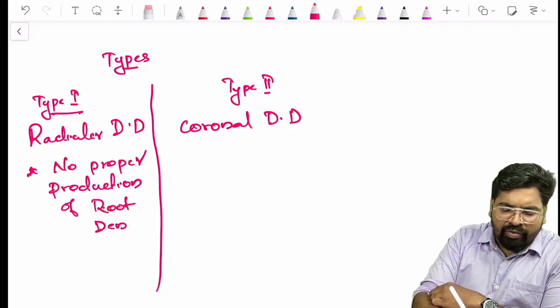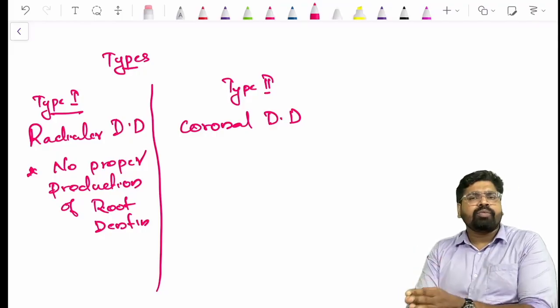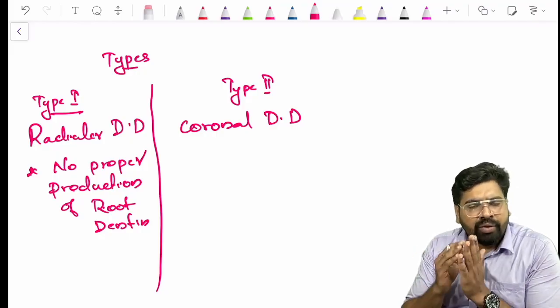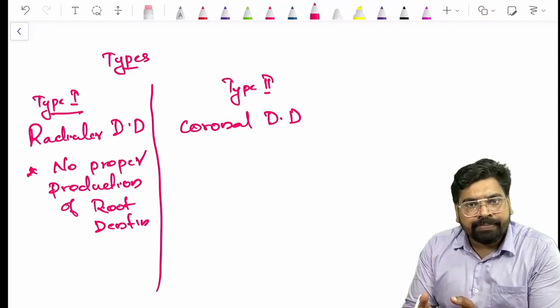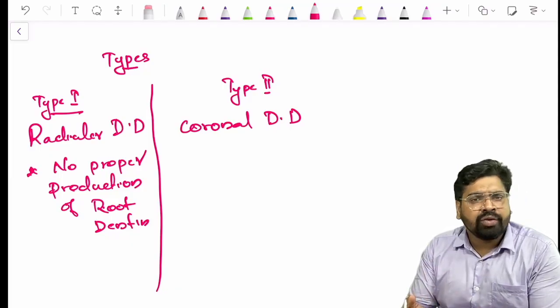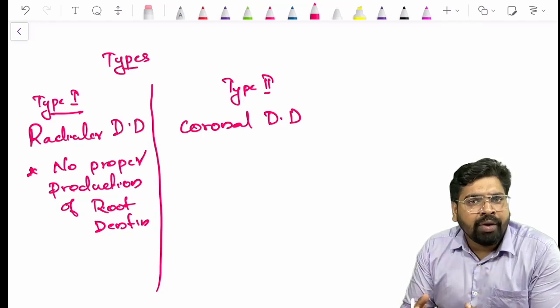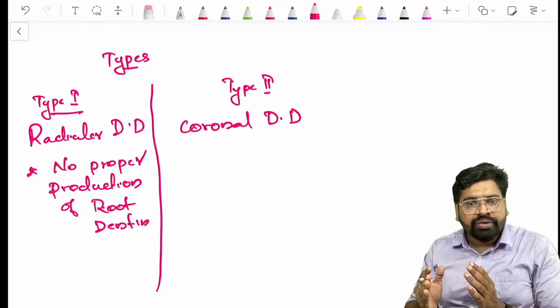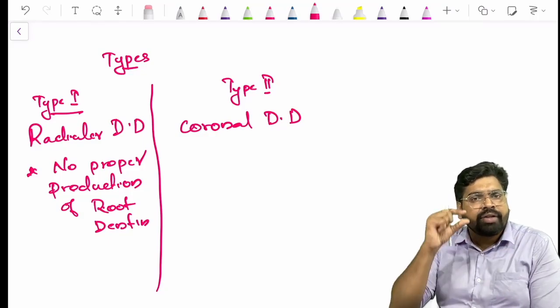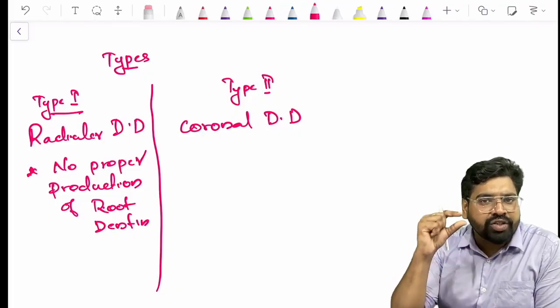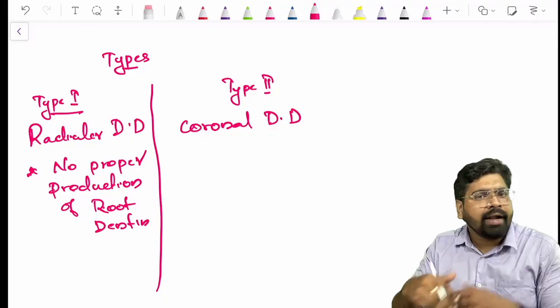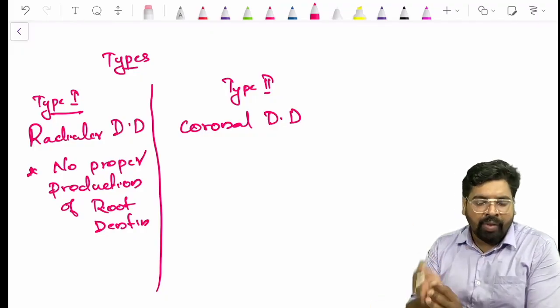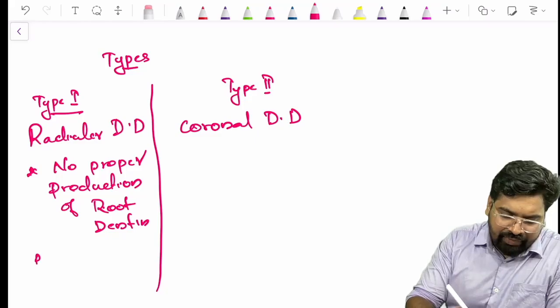You can imagine the tooth will not have a proper root. Root is the one holding the tooth, so if there is no proper root, the tooth will become loose and exfoliate. The roots will be short, the tooth will be mobile and exfoliated. That's the main thing.